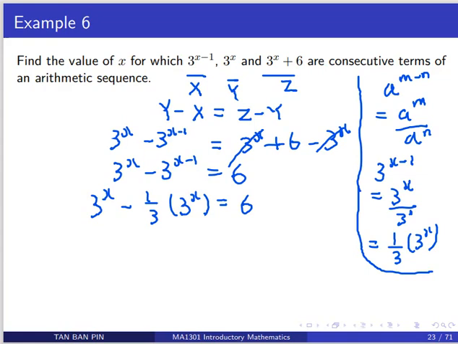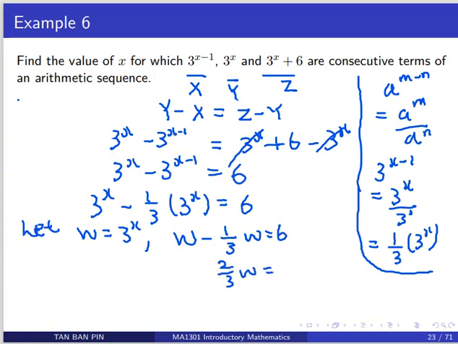And you can let w equal 3 power x. Then you get w minus 1/3 w is 6. So with that you have 2/3 w is 6. Then you can work out w is 9.